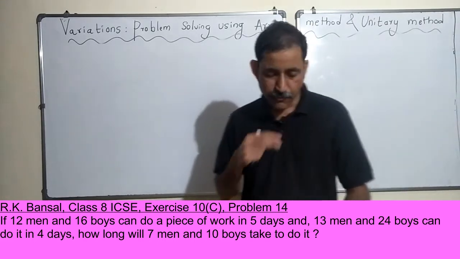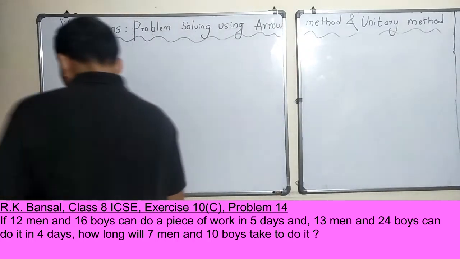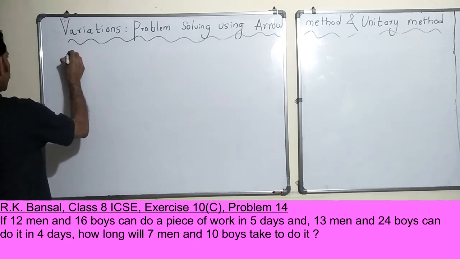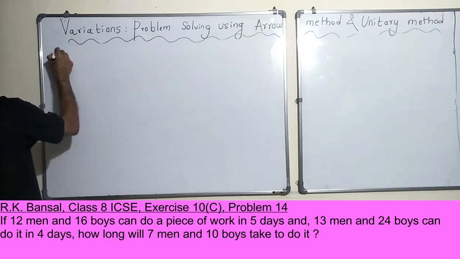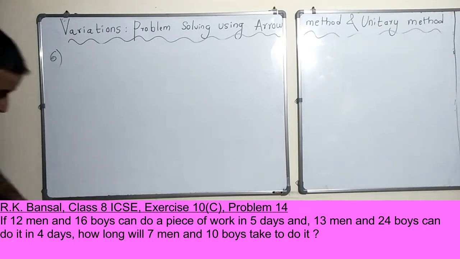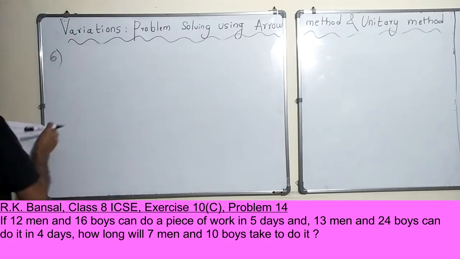Okay, so now we have a question wherein 12 men and 16 boys can do a piece of work in 5 days. All right, so let's start. Let me change my marker.